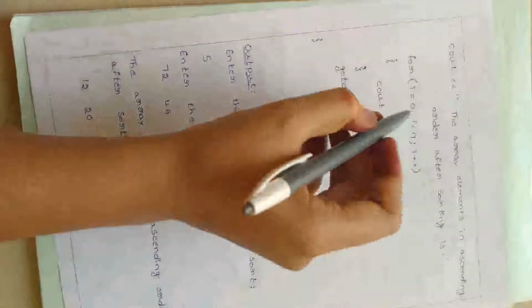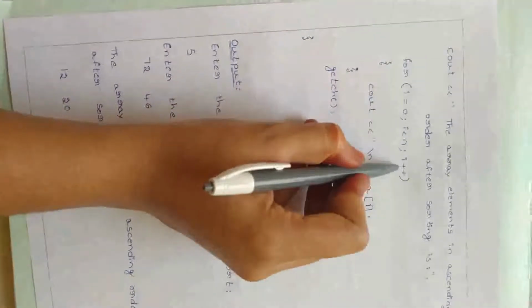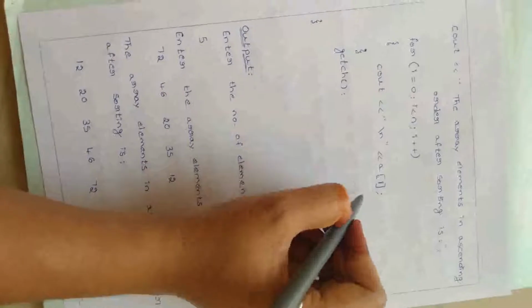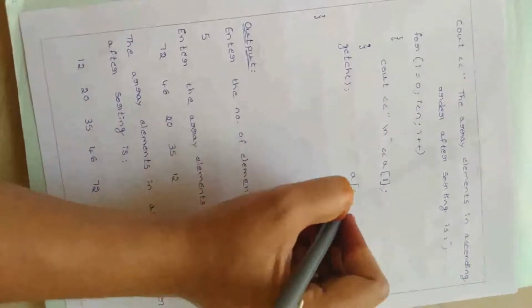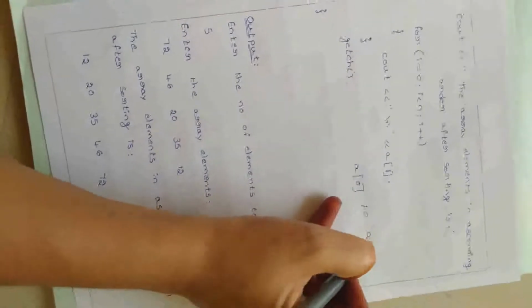Then print the elements in an array. For printing, I am writing the loop for i equals 0, i less than n, i plus plus. Here we are printing the elements from the location a[0] to a[4].